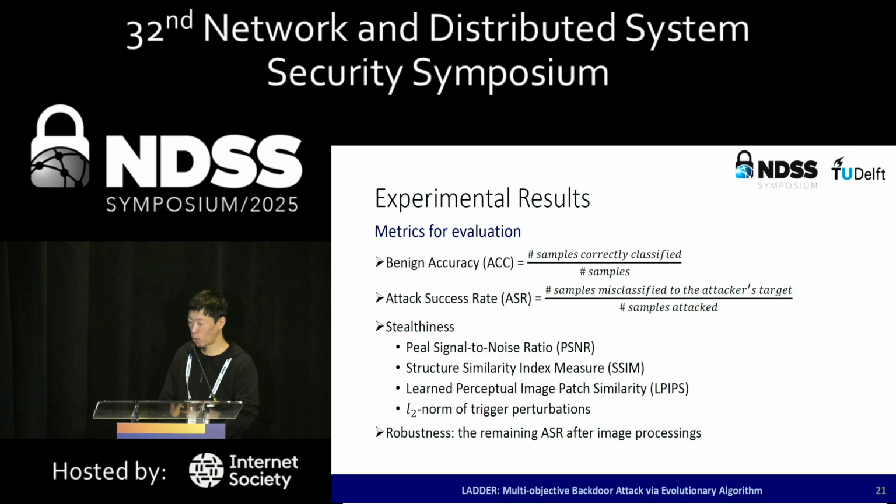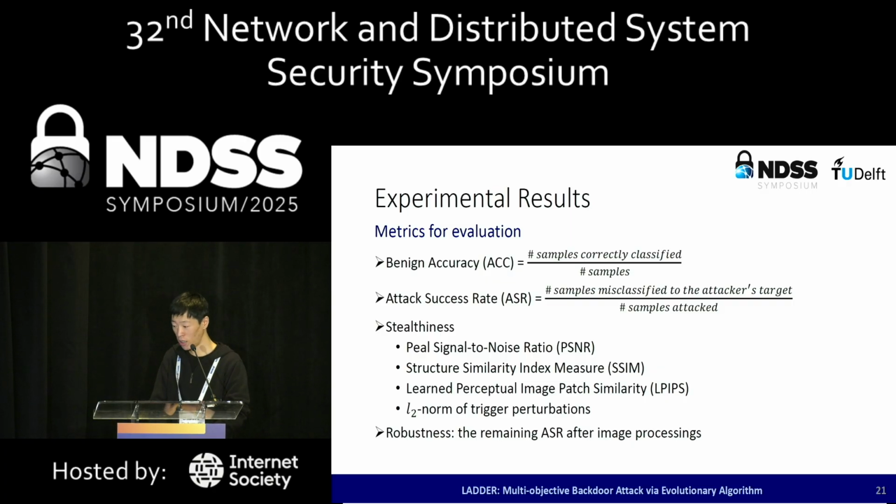Finally, we evaluate our backdoor attack with several metrics for the attack effectiveness and for the functionality. We use the ACC and ASR, which reflect the proportion of data that are correctly classified.